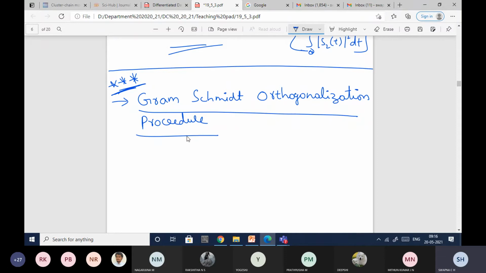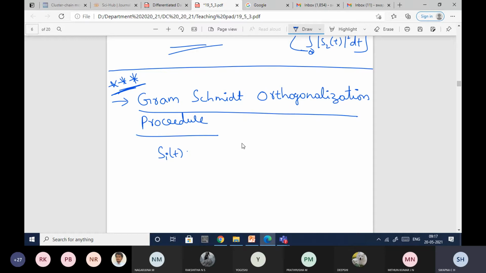So what is this Gram-Schmidt orthogonalization procedure used for? If you recall, I have written the signals S1 of t, or Si of t in general, as a linear combination of orthonormal basis functions. This Gram-Schmidt orthogonalization procedure will help you to determine the orthonormal basis functions.